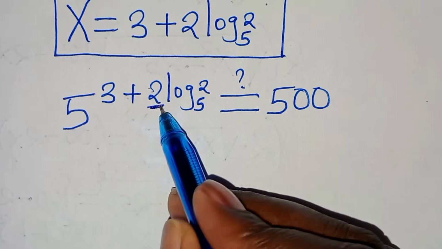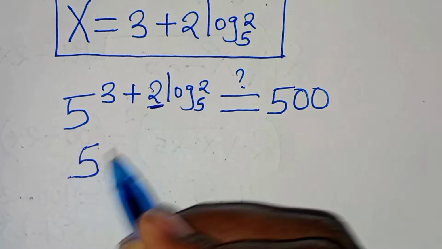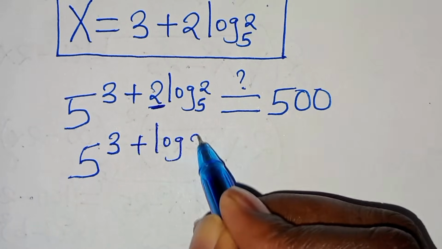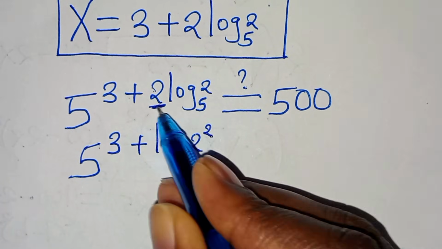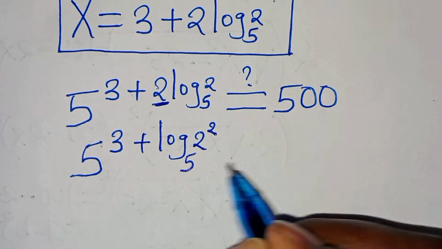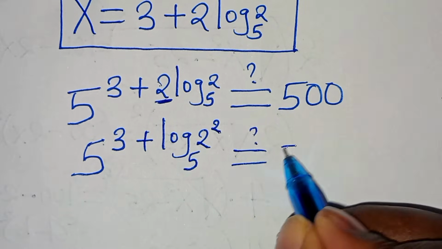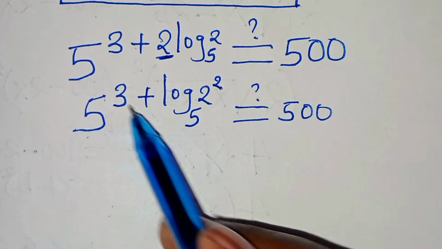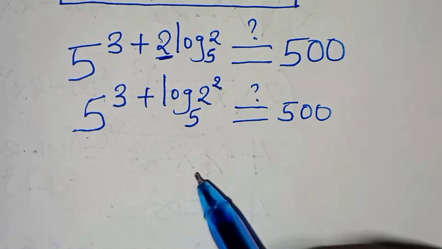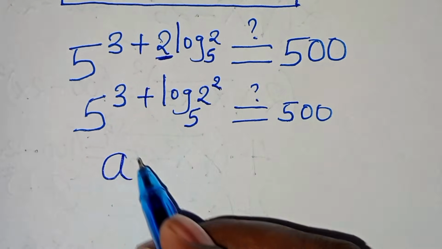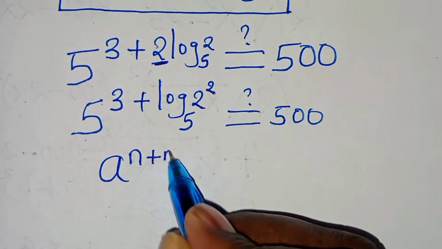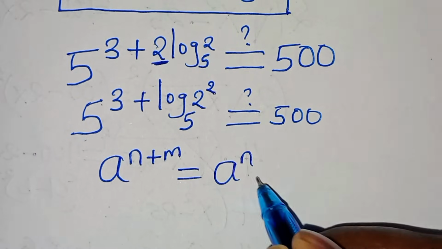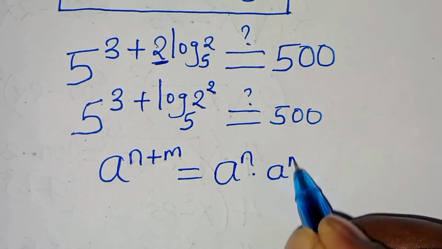Now since this is a power here, we can express this as 5 to the power of 3 plus log 2 to the power of 2 to base 5. This is supposed to give us a value of 500. This is in the form of a to the power of n plus m, which is expressed as a to the power of n times a to the power of m.